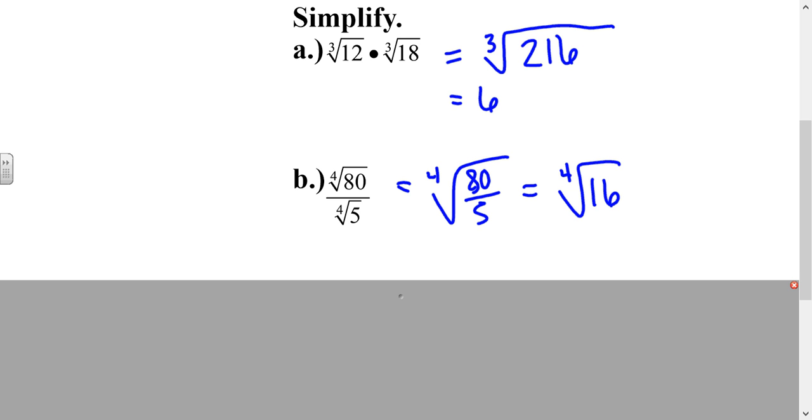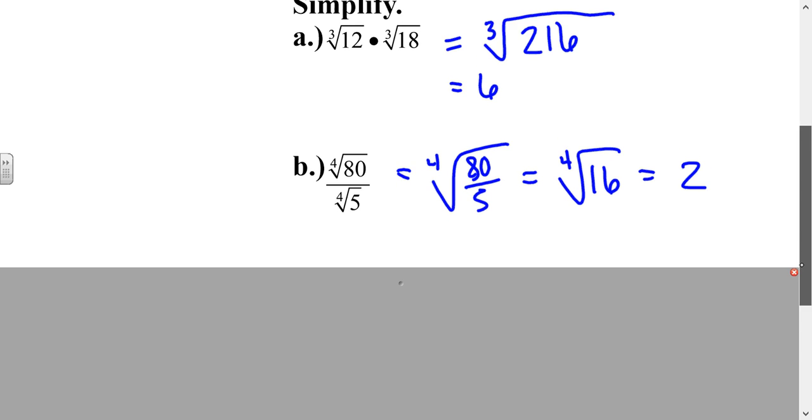So then I have the fourth root of 16, which is 2, because 2 to the fourth power is 16. Now again, if I got another number underneath here, then I could split it up into perfect fourth roots and things like that.